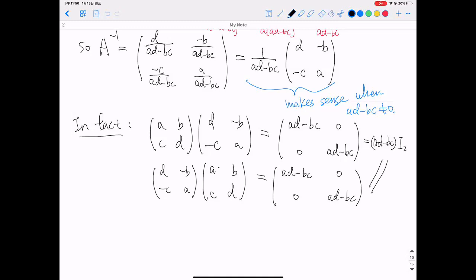Okay, so what does this mean? This means for the matrix A with entries A, B, C, D, if AD minus BC is not 0, then A is invertible.